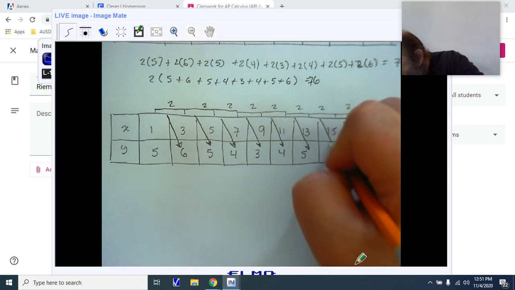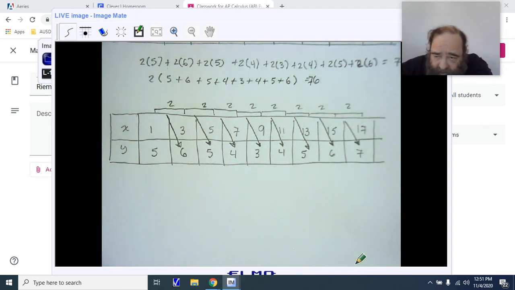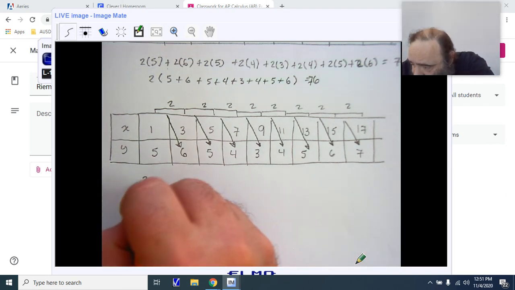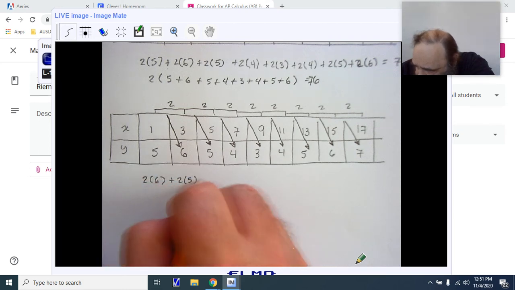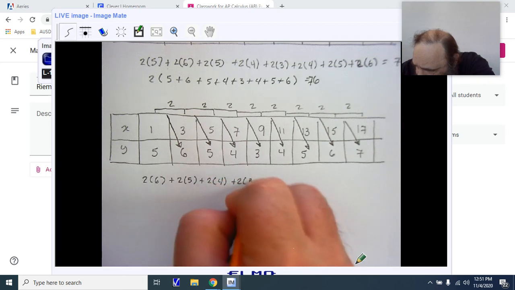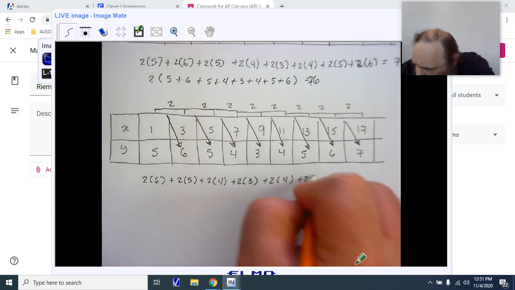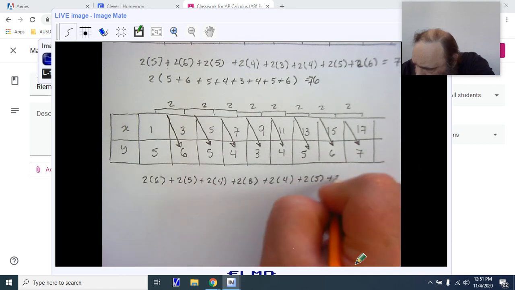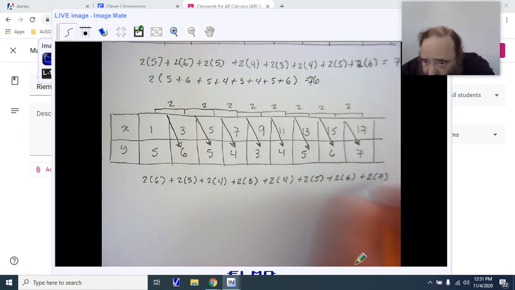So the left Riemann sum uses the first but not the last. The right Riemann sum does not use the first but does use the last. So you now have 2 times 6, 2 times 5, 2 times 4, 2 times 3, 2 times 4, 2 times 5, 2 times 6, and 2 times 7.